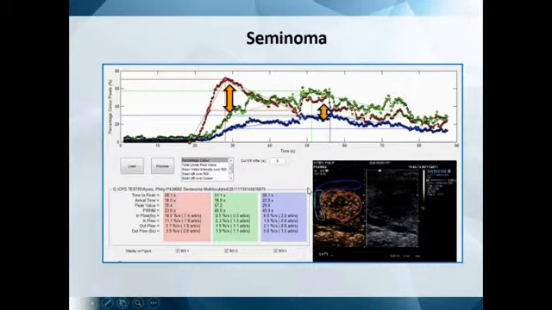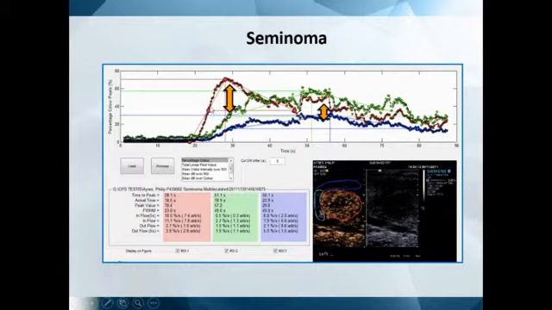Ourselves and some other groups have looked at this, and Dr. Cantisani is part of a publication in Radiology which has looked at this more clearly. But this is our own in-house software program designed to look at testicular tumors, and this is what we find. We've targeted the area of the tumor and two other regions of interest in association with how the contrast washes in and out, and the red is the wash-in and wash-out of the tumor.